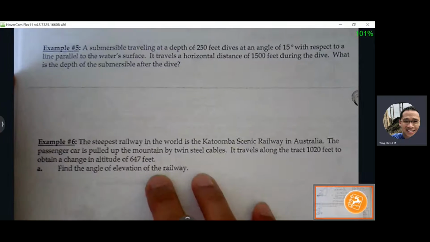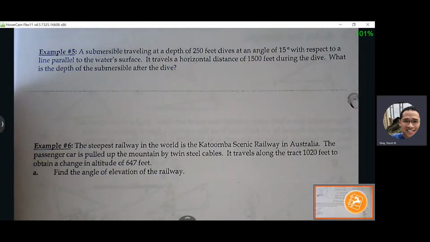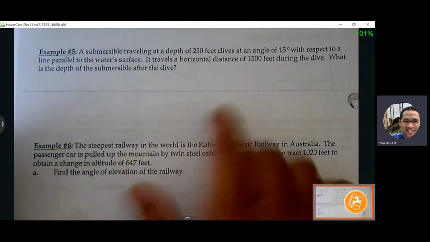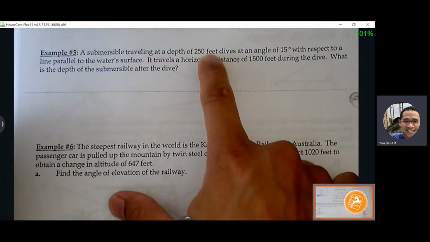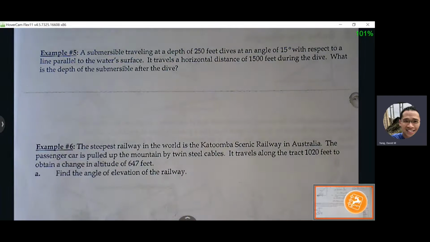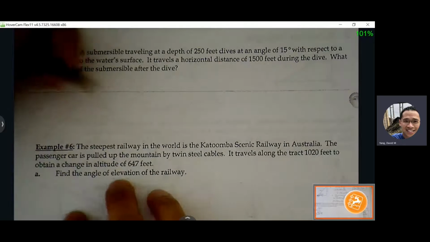So this one's a little bit messier, but we're still dealing with a triangle here. Let's not worry about 250 feet yet. Let's just focus on where this submersible is located and the triangle that it's involved in.